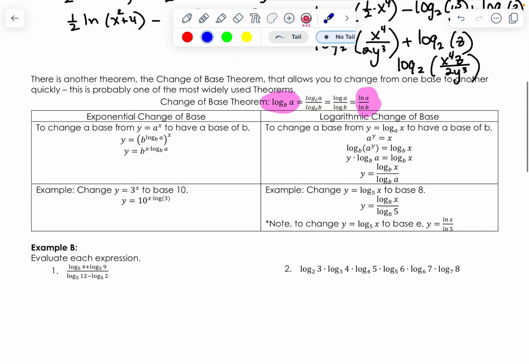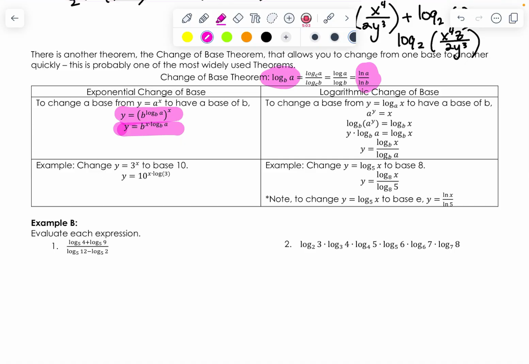All right, so if you want to change from y equals a to the x to have a base of b, all you're going to do is rewrite this so that it is b to the log base b, a to the x power. And then you can bring that a down.